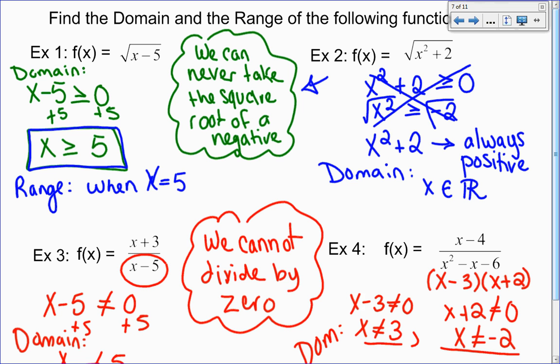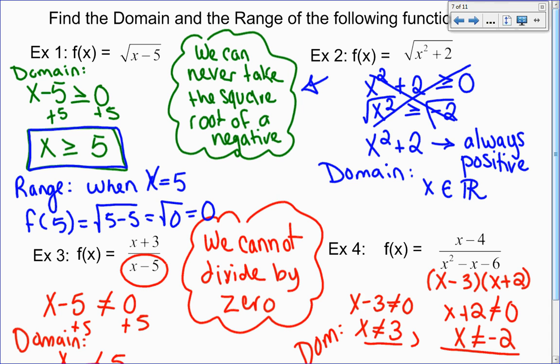So when x equals 5, we can find what f of 5 is. F of 5, when we plug that in, we're going to get the square root of 5 minus 5, or in other words, the square root of 0, which is 0. And if you think about it, as x gets bigger, our function is just going to get bigger and bigger and bigger.